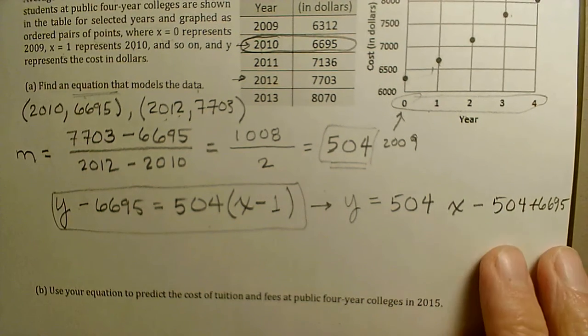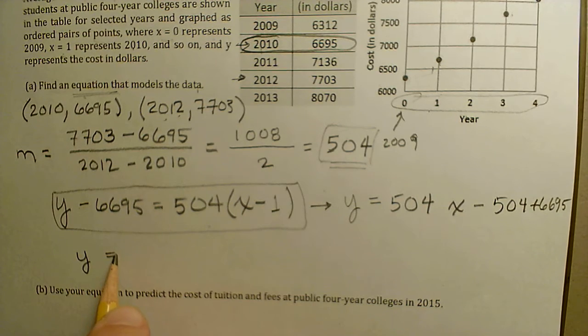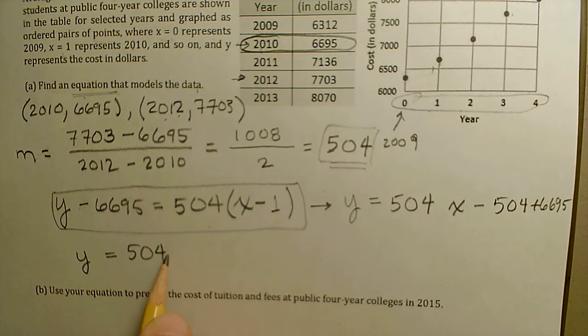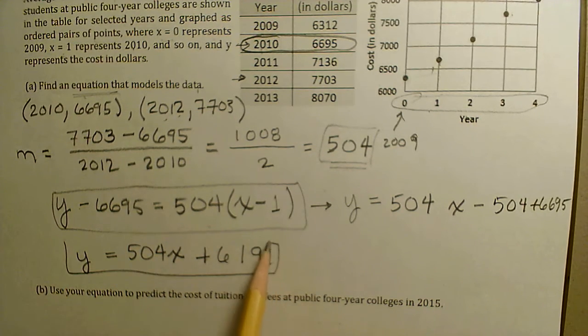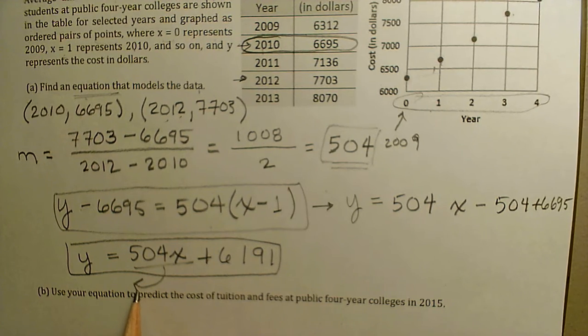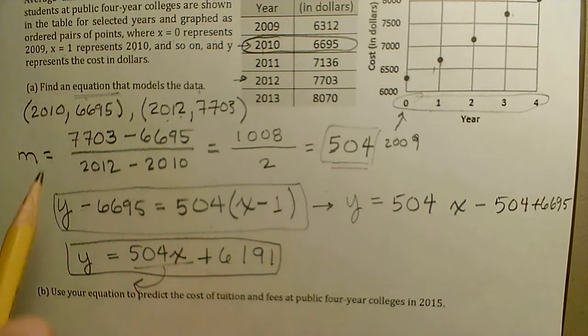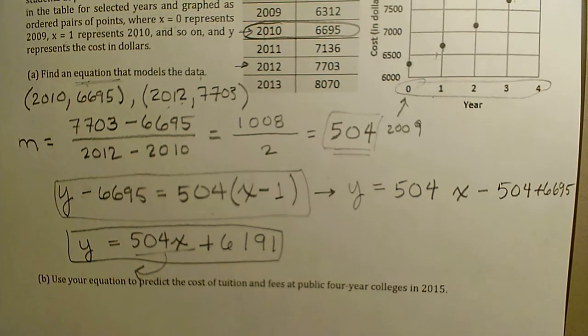Sorry, I almost ran off the page there. And so finally, we could write this as y is equal to 504x plus, when we combine these two constants, 6,191. Either one of those would be good, and we could very quickly get a standard form if we want it, just take this x value to the other side. But it doesn't say exactly which form of the equation they want, so either one of those would probably be acceptable.